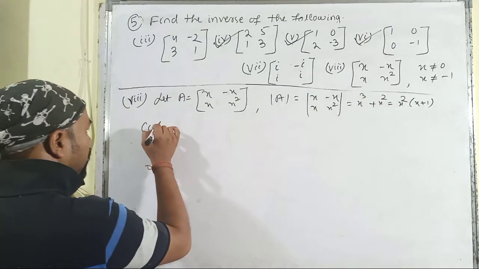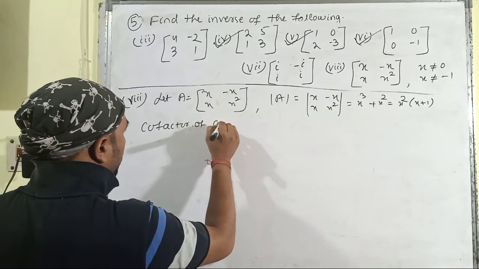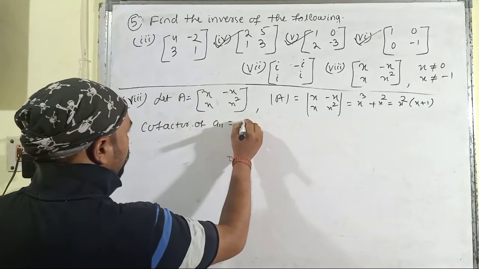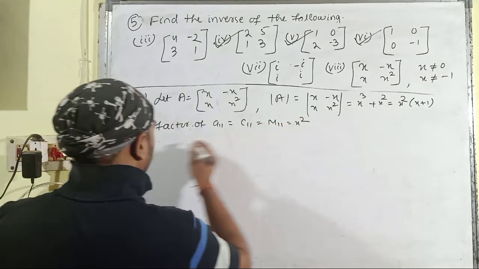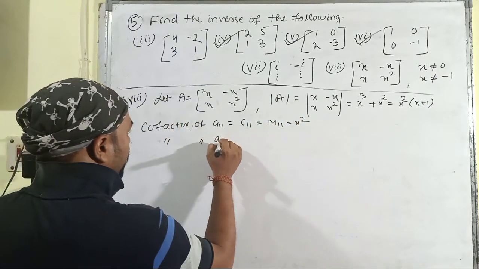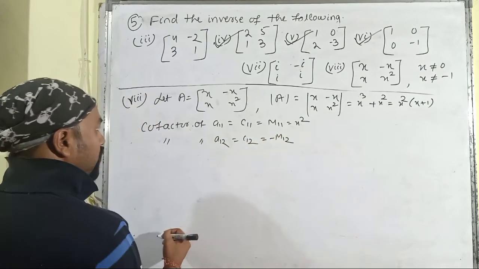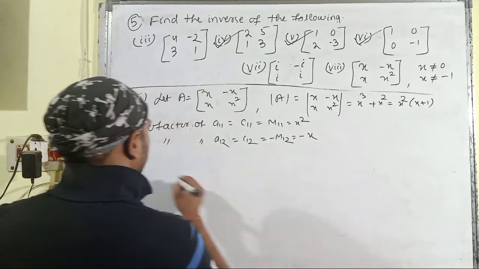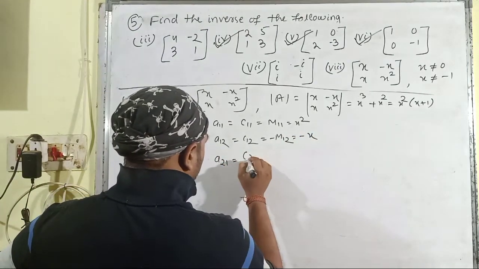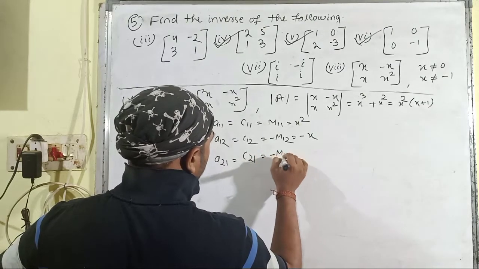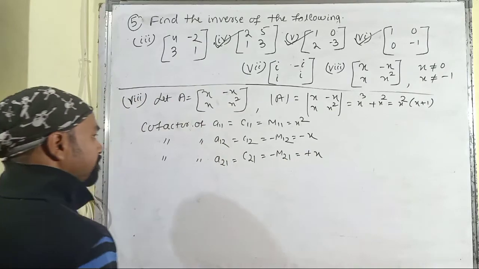Then cofactor of A11 will be equal to C11, which is equal to M11, which is equal to x square. Then cofactor of A12, which is C12, which is equal to minus M12, which is equal to minus x. Cofactor of A21, which is C21, which is equal to minus M21, and that is equal to plus x.